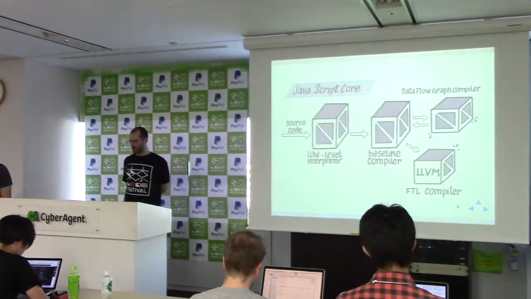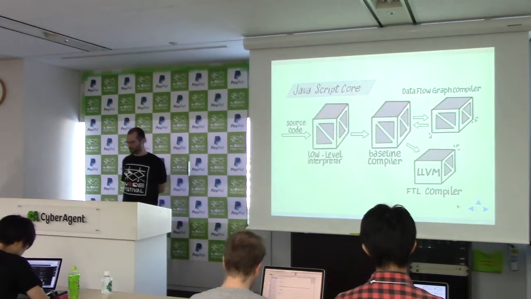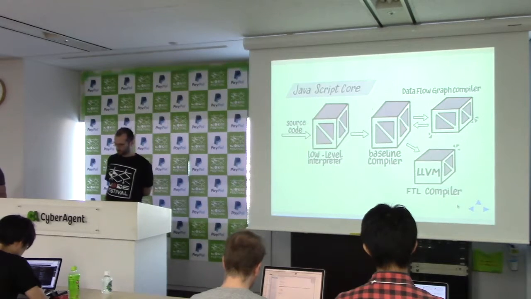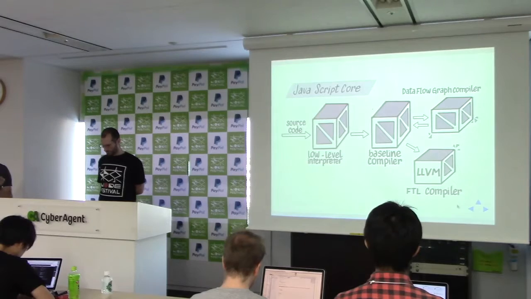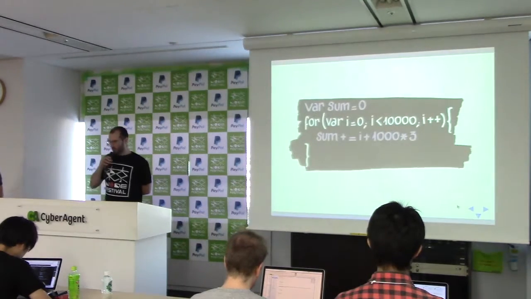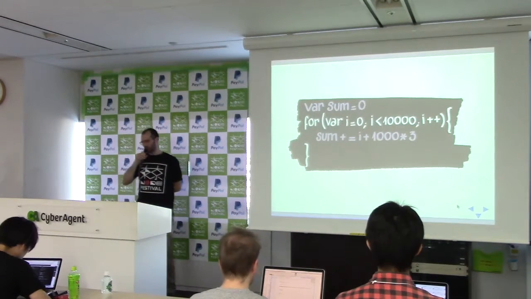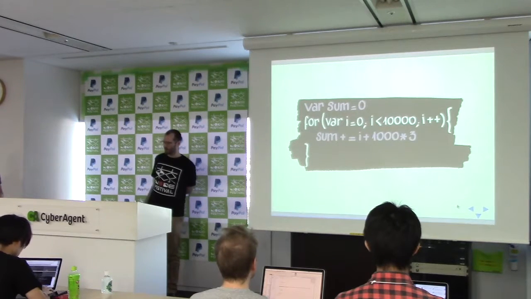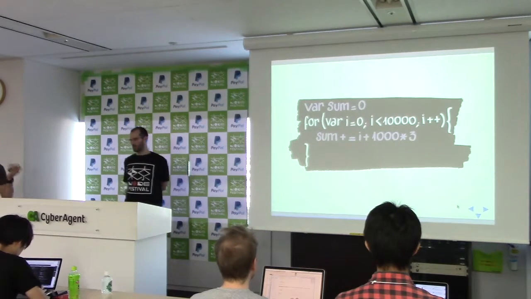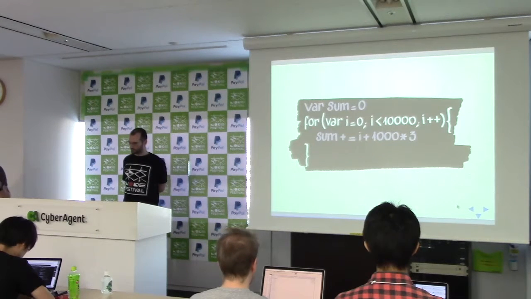So, we just talked about the architecture of these engines. Let's talk about what optimizations they are all applying. Imagine a for loop, a regular for loop with an expression inside the loop.